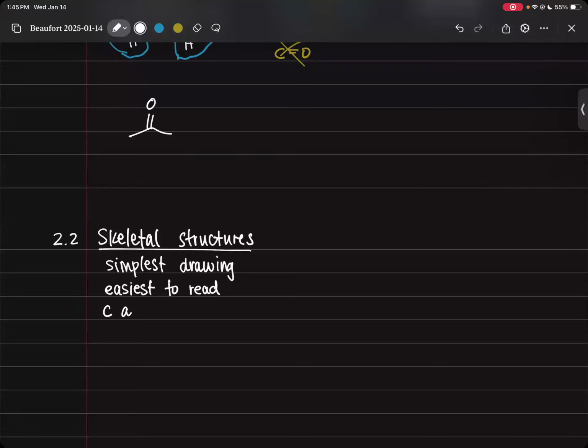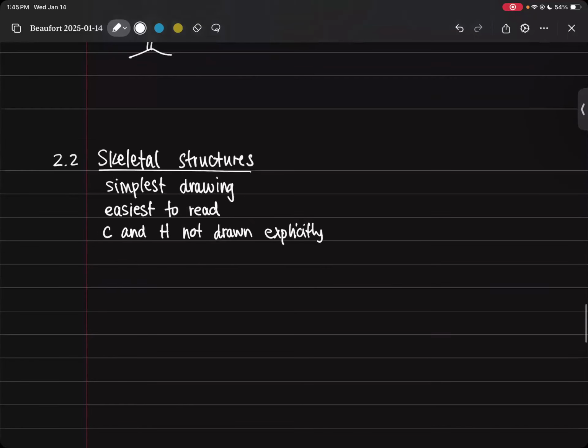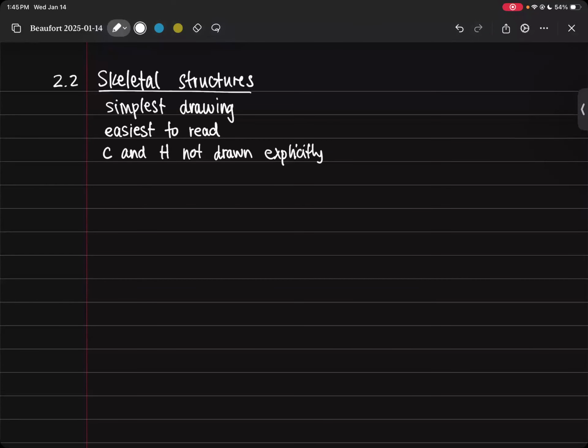Mainly carbon and hydrogen are not drawn explicitly. Organic chemistry is full of carbon and hydrogen, so if we can find a way to draw an organic molecule without having to draw out every single carbon and every single hydrogen atom, that'll speed things up a lot.